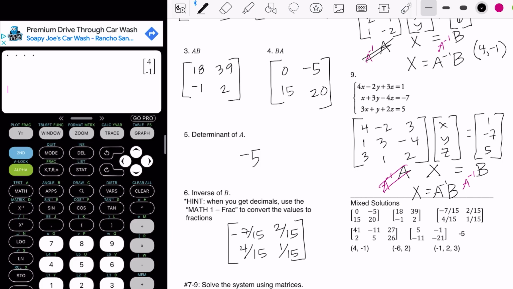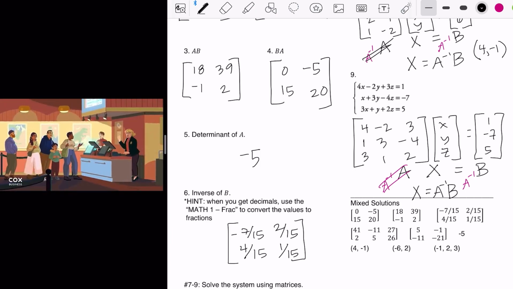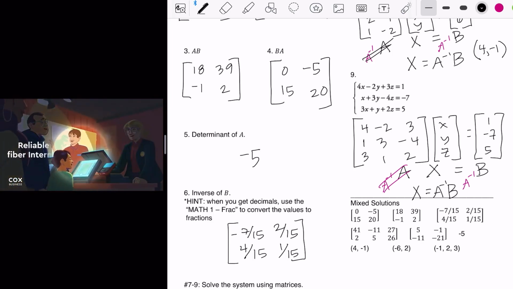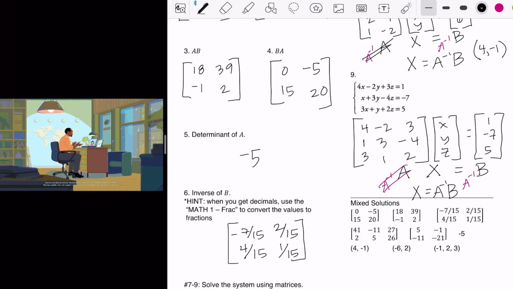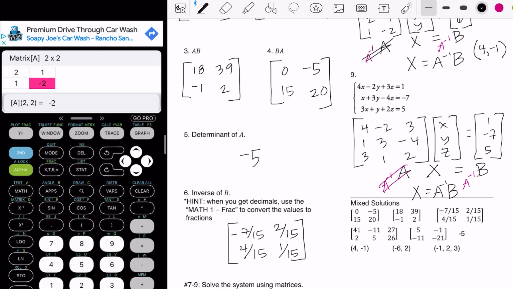So now when we go into the calculator, we're going to edit, and then that's going to be a 3 by 3. So we will take care of that. So we're going to go up. We have 3 by 3, and then 4, -2, 3, 1.